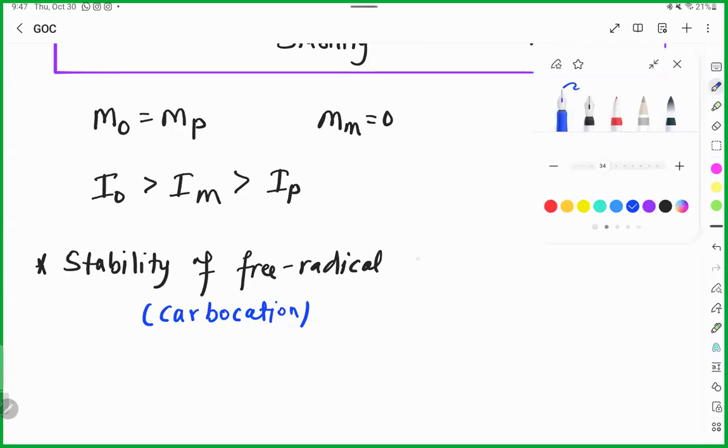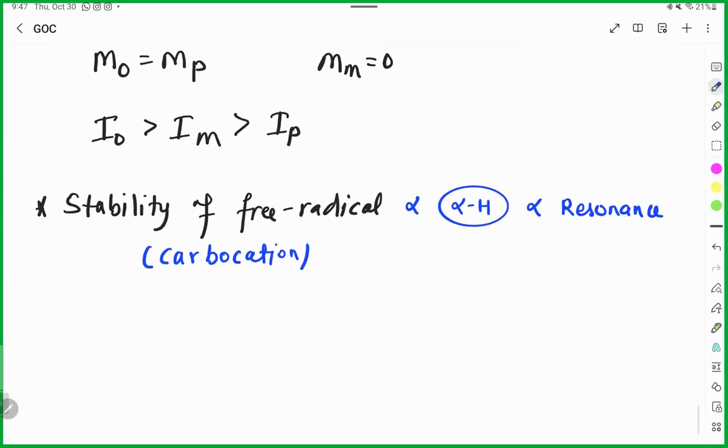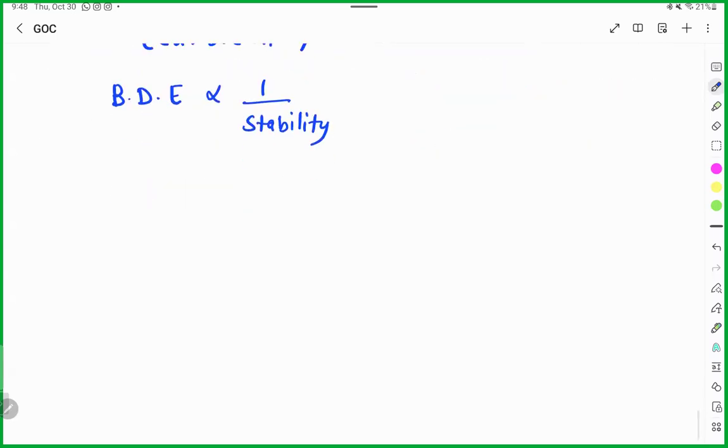Here you will have the same thing. More number of alpha hydrogen, more stable. More resonance, more stable. Correct? And more stable, less energy. That's why bond dissociation energy is a kind of energy and it is inversely proportional to the stability. More stability, less energy, like heat of hydrogenation.